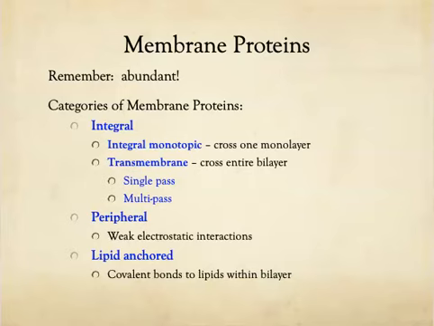Now, you learned about the different categories of membrane protein in BIO312 molecules and cells. And just like we did with the phospholipids, we're going to add some more detail today into your understanding of membrane proteins. If you recall from BIO312, we talked about two basic types of membrane protein.